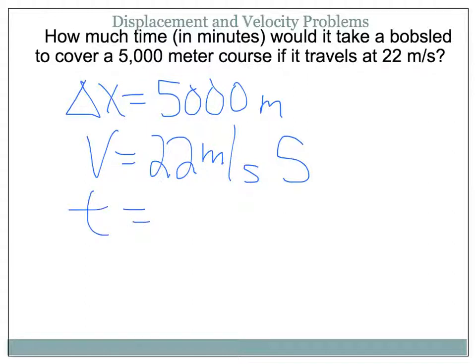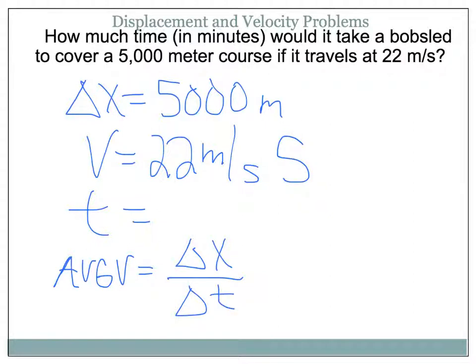And what's our formula for velocity? The formula for velocity is change in displacement over change in time. Well, I'm solving for t, so I want to get t on the top. So I multiply t on both sides.